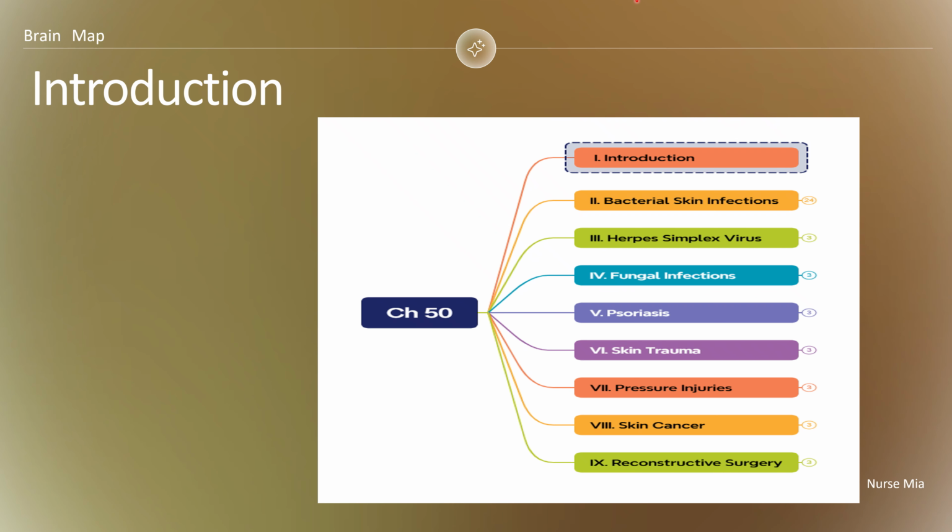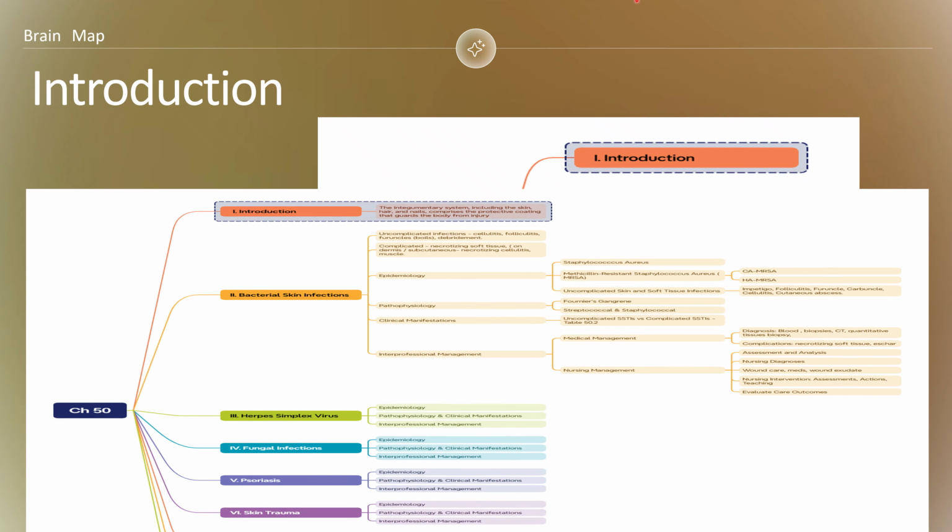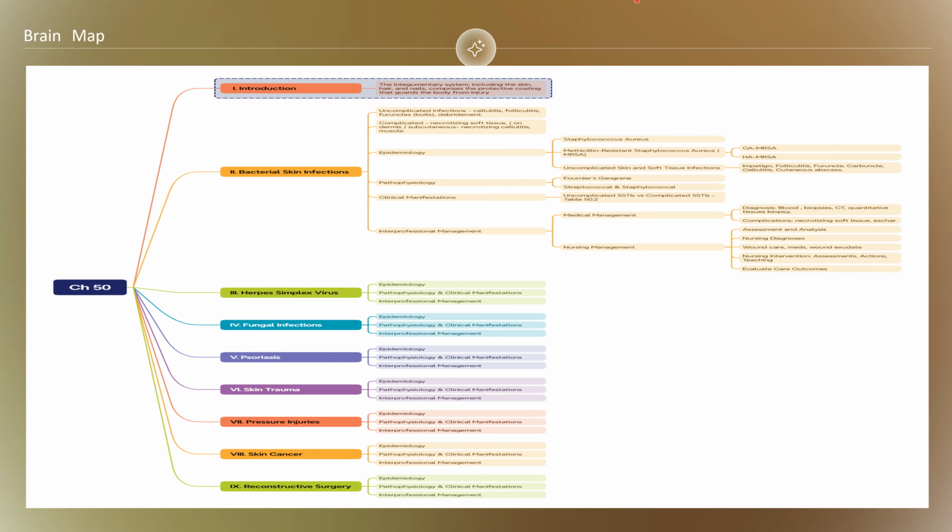So disorders of the skin may be related to local damage or trauma, or indicative of systemic disease. Here is my concept map, where all those categories go into subcategories, and the chapter, and this video also, will follow this structure.